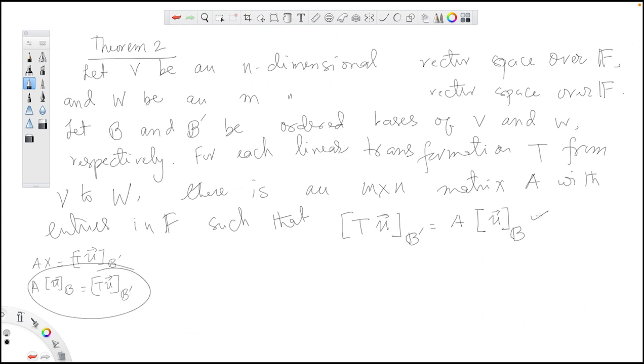This is what we wrote here. This was equation number 6. And this holds for every u in the vector space V.